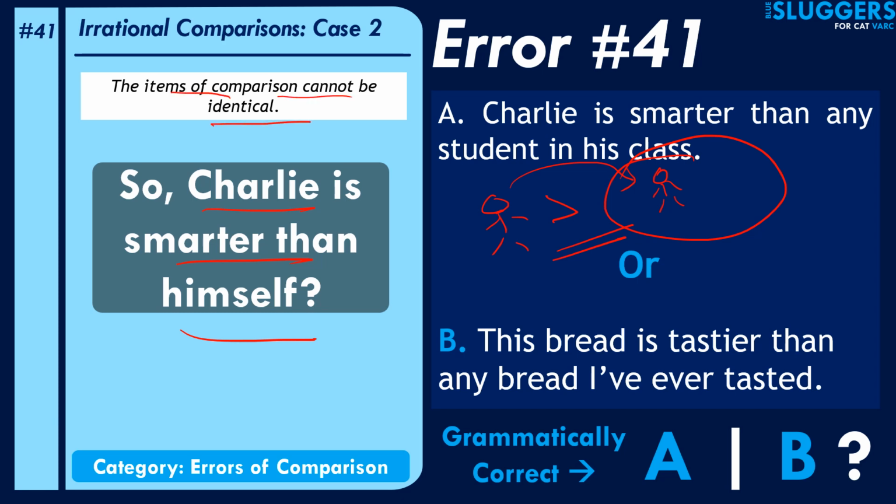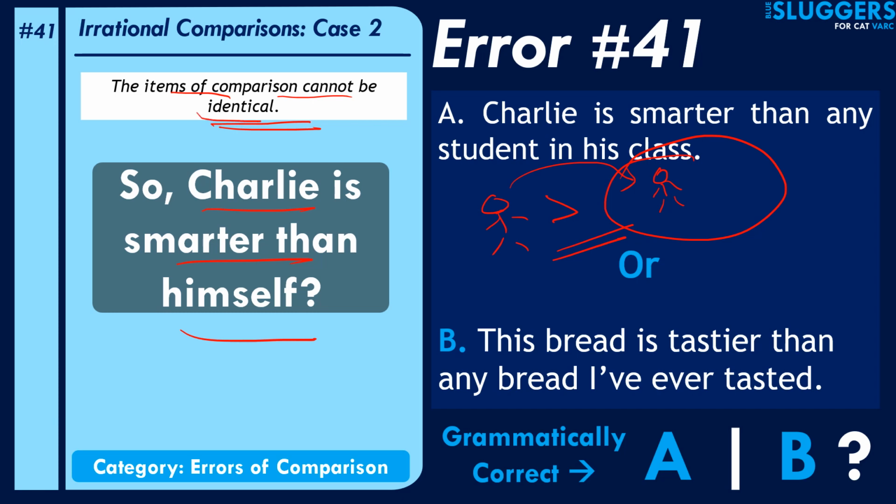In the last rule we studied that the items of comparison cannot be categorically different, like you cannot compare the tail of a horse with an elephant; it has to be the tail of an elephant with the tail of a horse. In this case, we try to understand that they can also not be totally identical. So they are neither completely different nor completely identical. They have to be comparable but not identical.